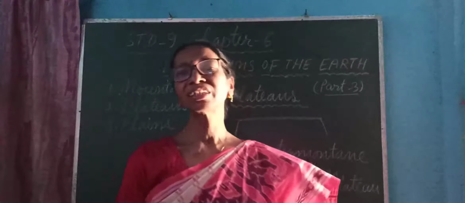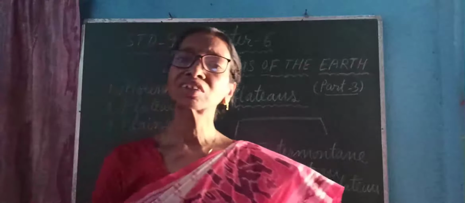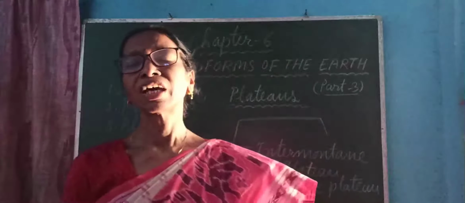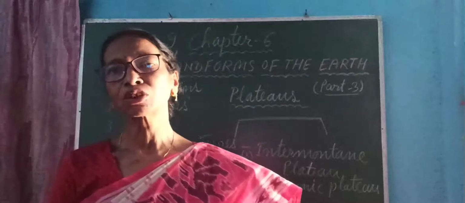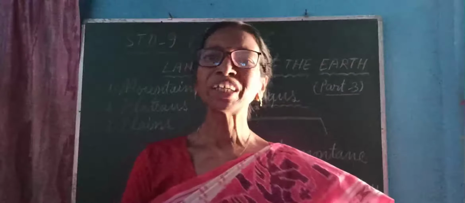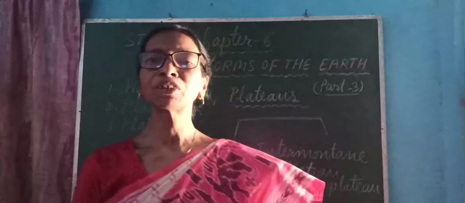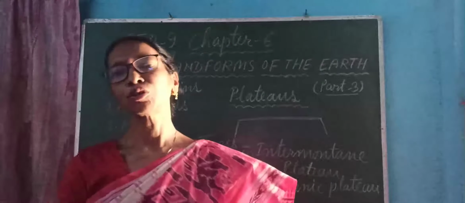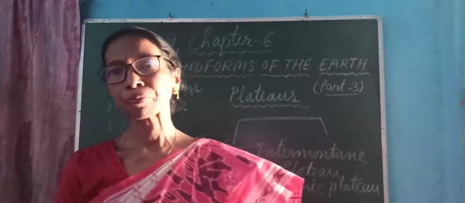This process indicates that large areas of the crust were deformed, and because of the deformation of the earth's crust, many landforms were formed like the mountains, plateaus and plains. So plateaus are important landforms found on the surface of the earth.